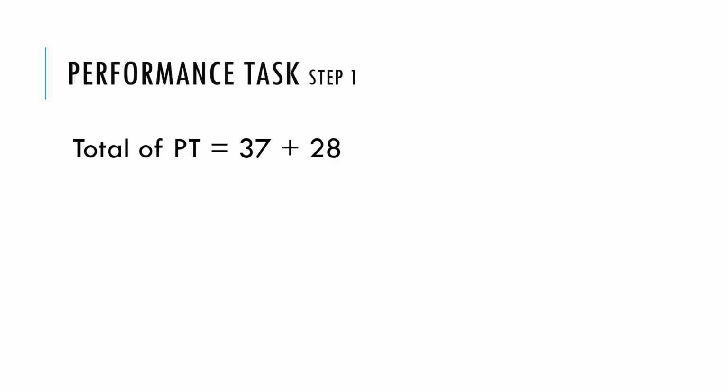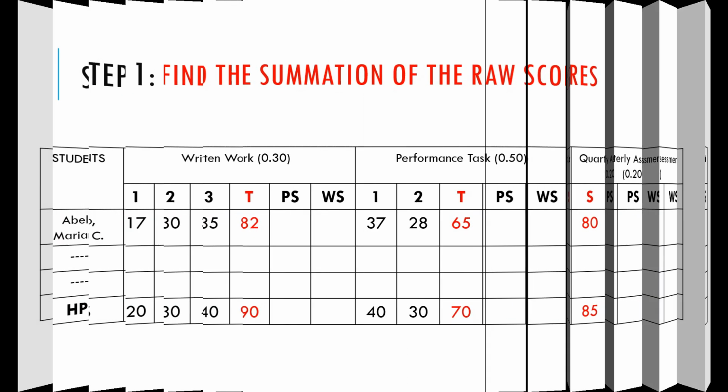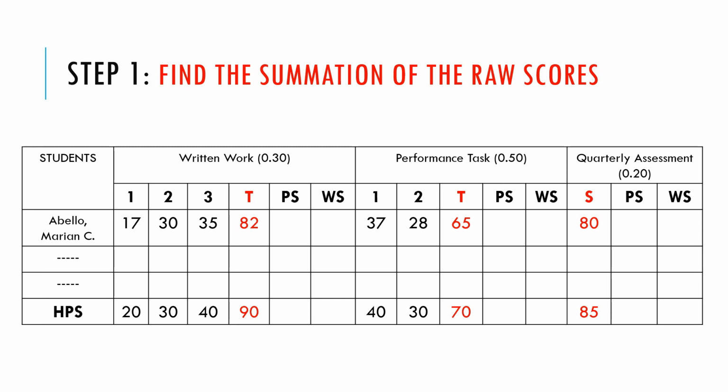While in performance task, following step 1, the total is 37 plus 28 equals 65. Hence, Abello got 65 out of 70 in performance task.